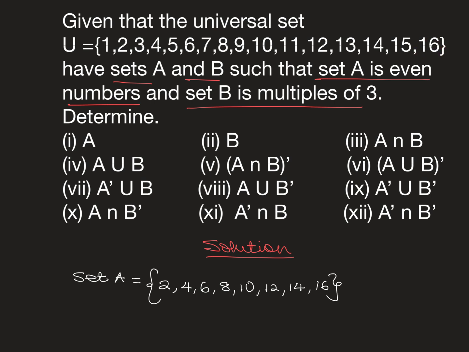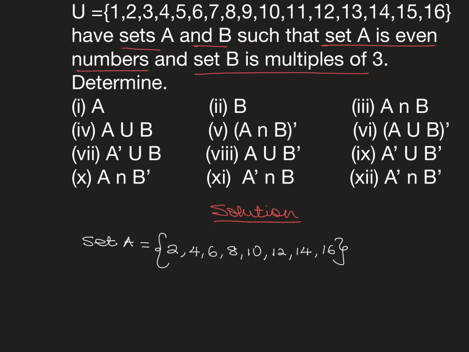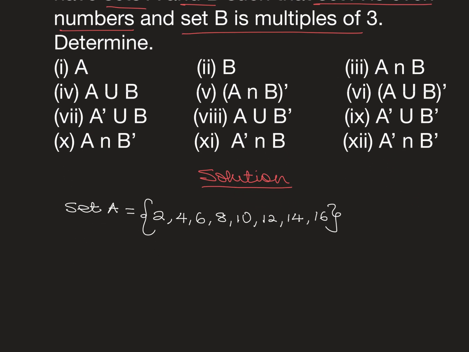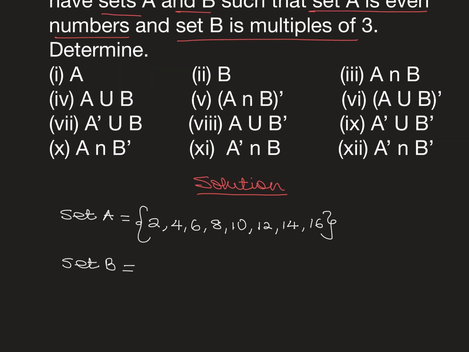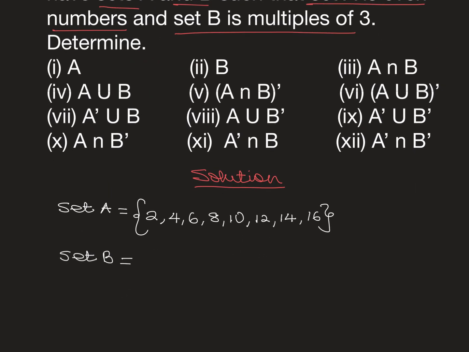That is set A. Moving on to determine set B. It says set B is multiples of 3. When we talk about multiples of a number, you start with that number, then you obtain the products of that given number.